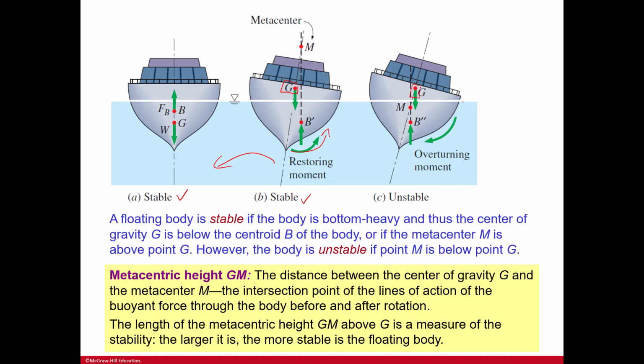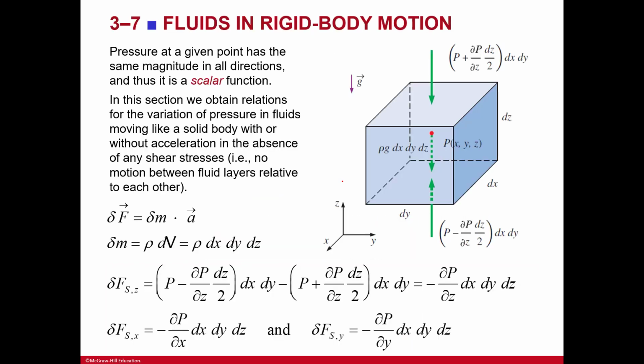So you see that the M is below the G here. So you see M is below, and that's unstable. And this metacenter here is above. And so that is stable, just in a correcting, in a restoring moment, or a correcting pattern.